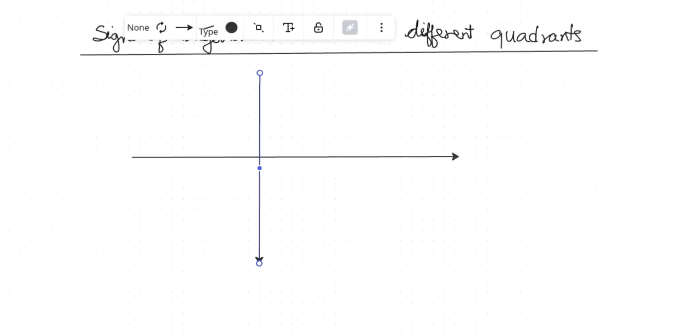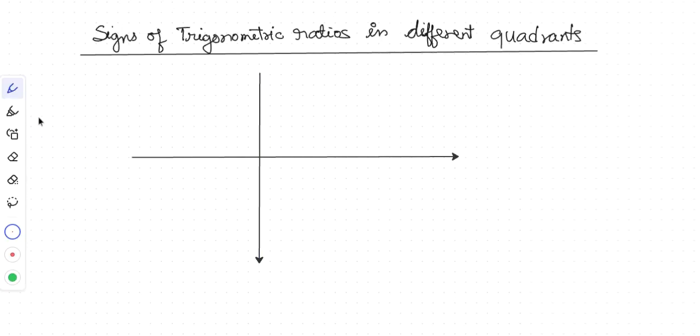Now this is quadrant 1, this is quadrant 2, this is quadrant 3, and this is the fourth quadrant. So first of all, let us start with the first quadrant.